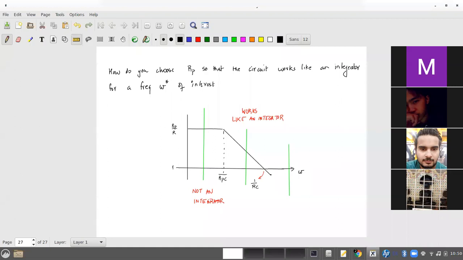Keep in mind that this fellow is actually going down. It does integration. So if you give a sine, you will see something that looks like a cosine. But what will the amplitude be? You're going to have heavy attenuation here. It integrates all right.